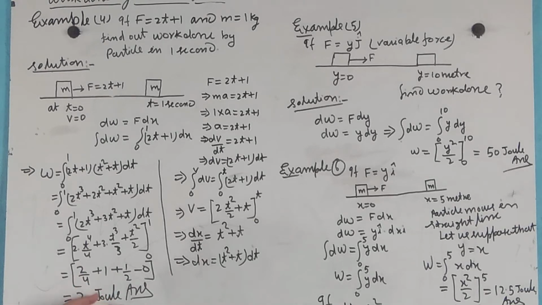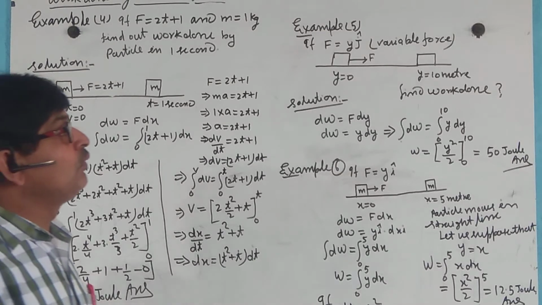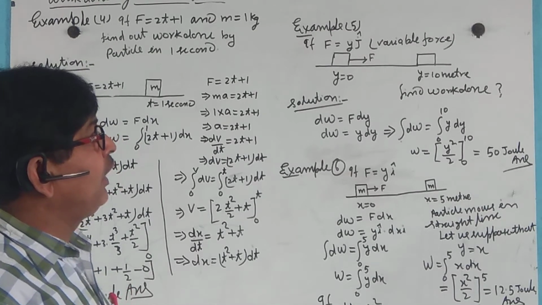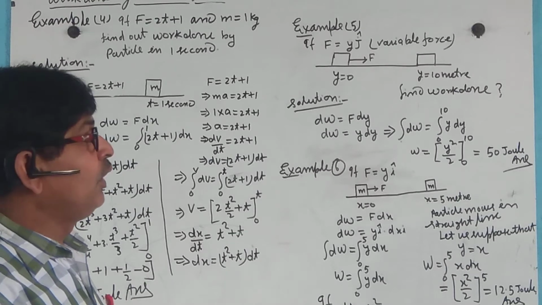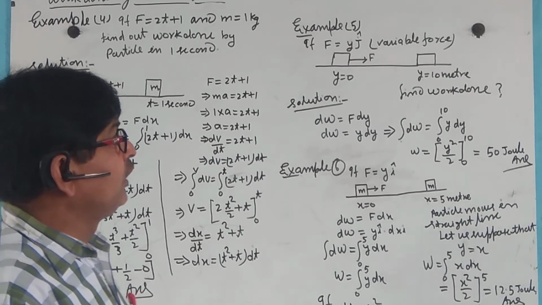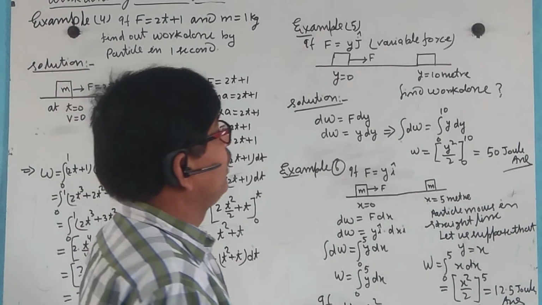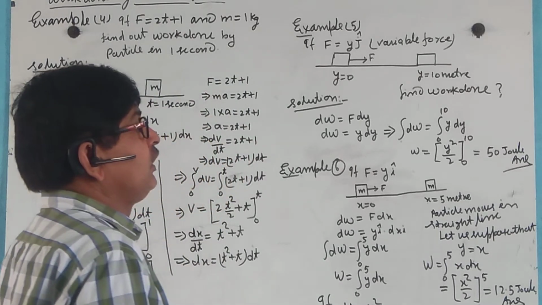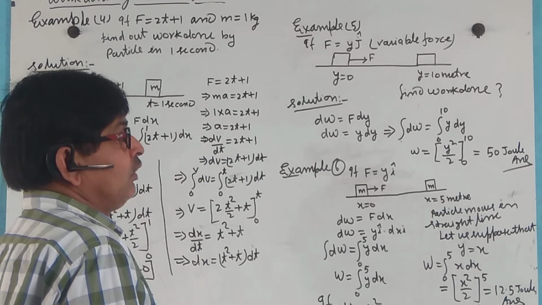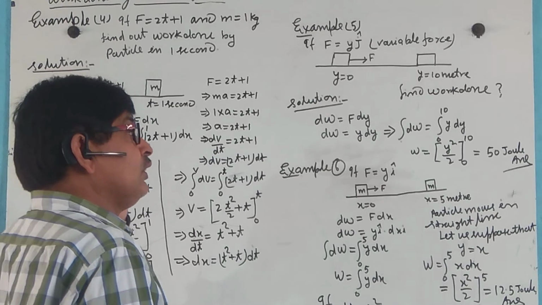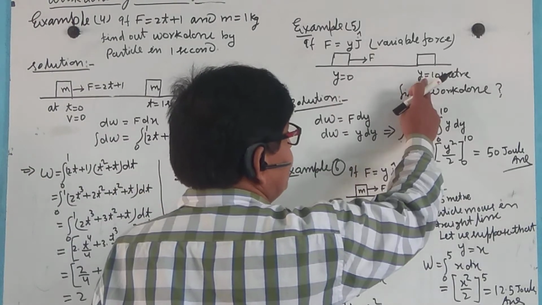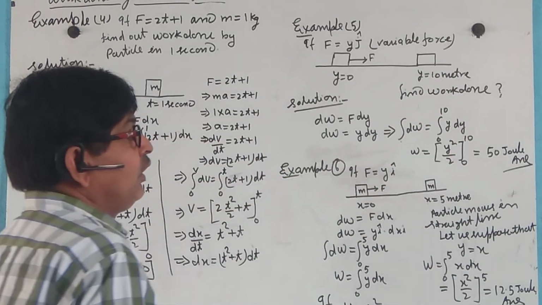Now the work done in this case in time 1 second is 2 joule. Now example 5: a variable force F equal to y j acts, and here y goes from 0 to 10 meter. Find the work done.